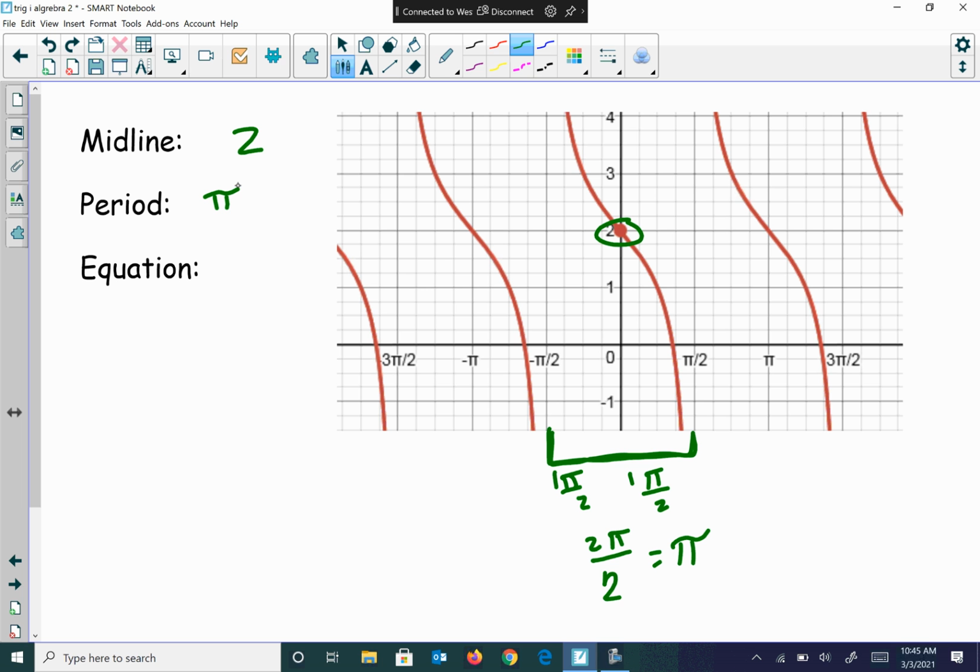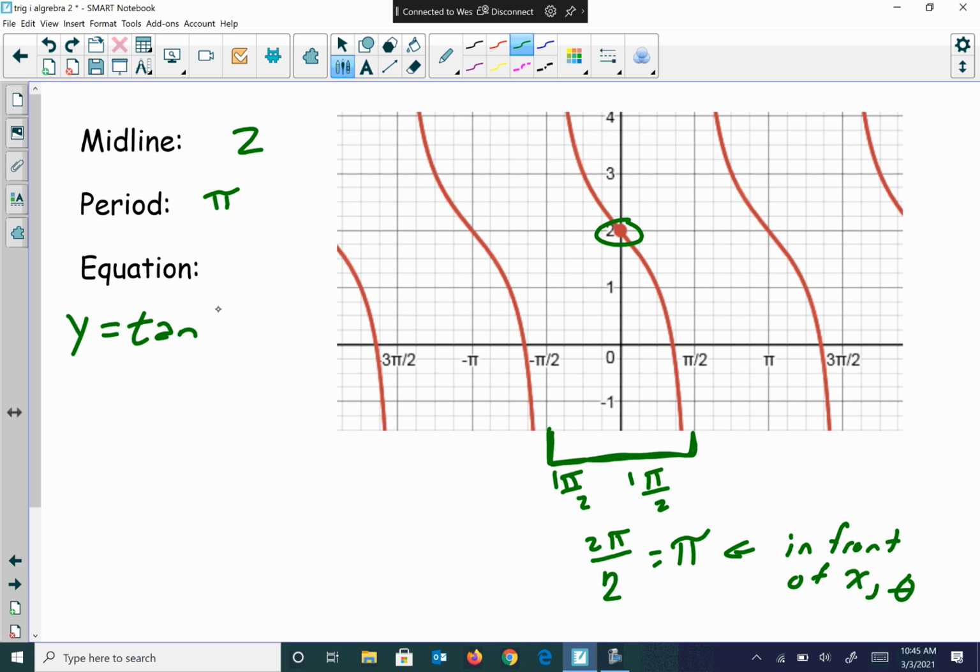That means in front of the x, or they could call it theta as well, it's going to mean the same thing. We need to say our graph is going to start happening twice as fast. So I'm going to get y equals regular tangent. It's not any taller.